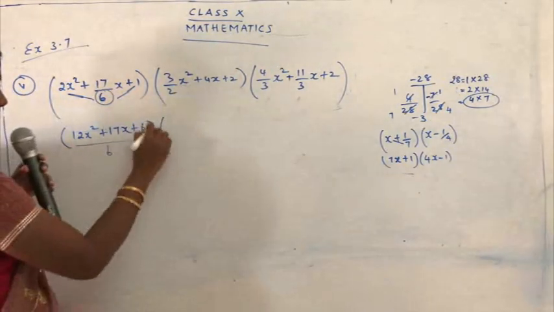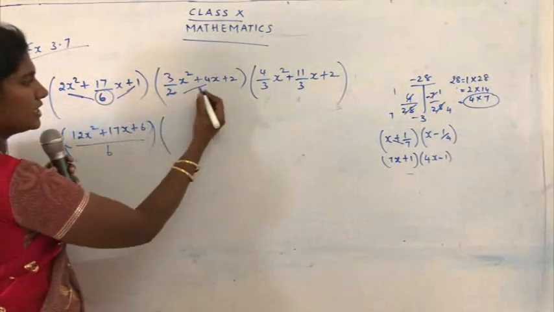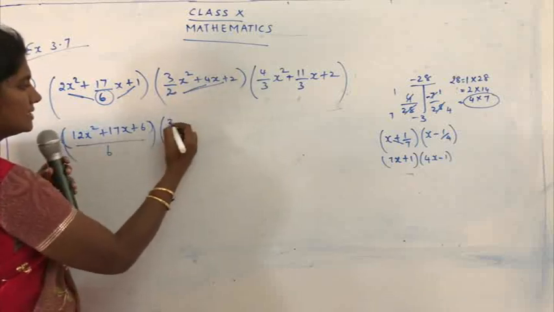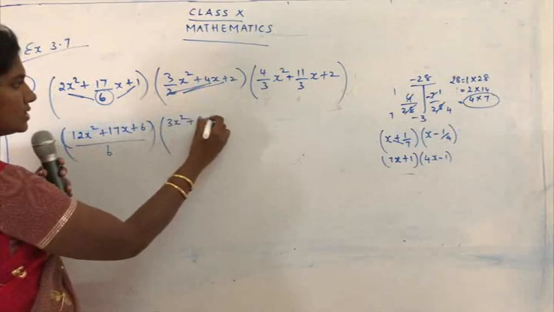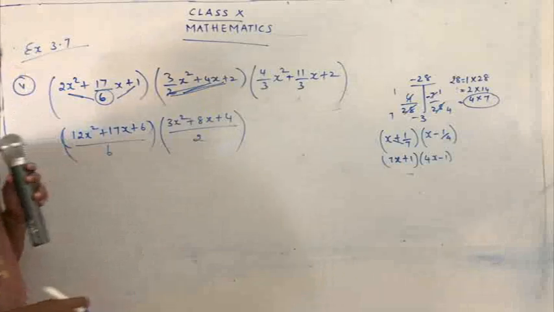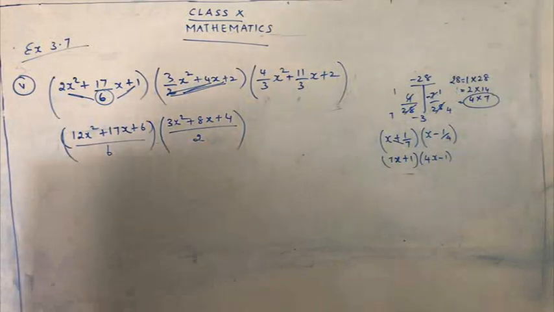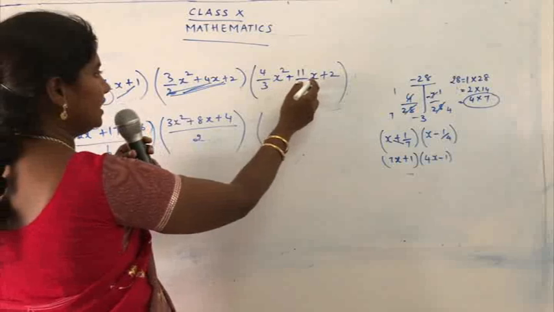Next here. See here, this term is having 2, yes, so we have to take the LCM for the second and the third. So it's 3 as it is, 3x square plus 2 into 4, it's 8x, 2 2s are 4. So plus 4 upon 2. So you get 3x square plus 8x plus 4. And coming for the last part, it's 4 upon 3x square plus 11 upon 3x plus 2.